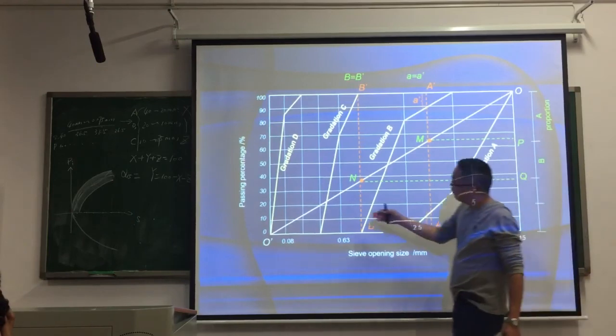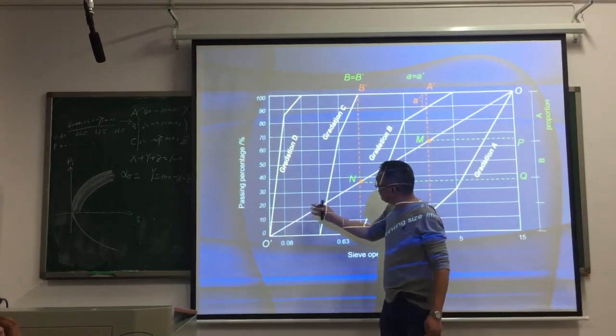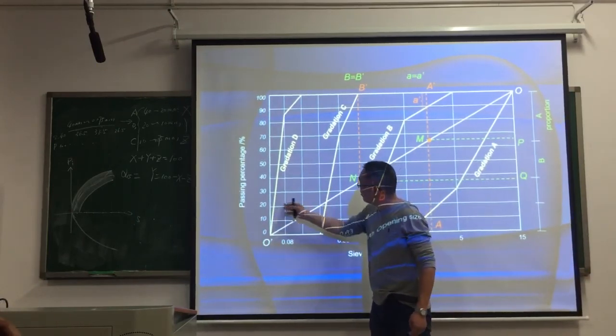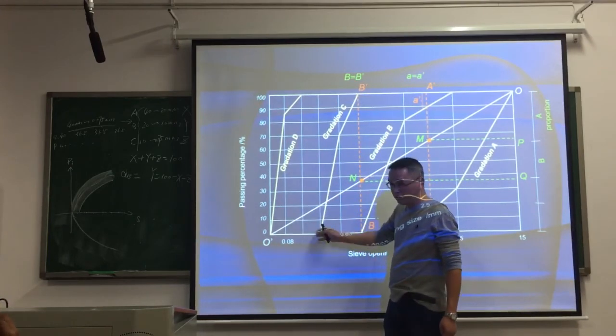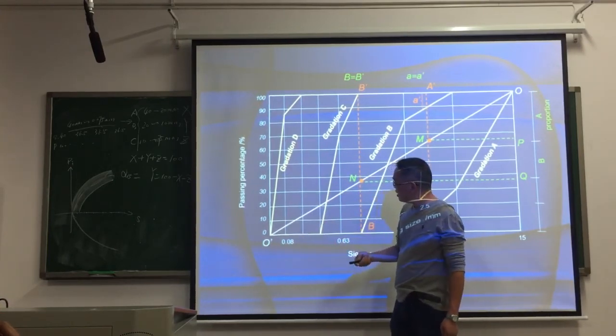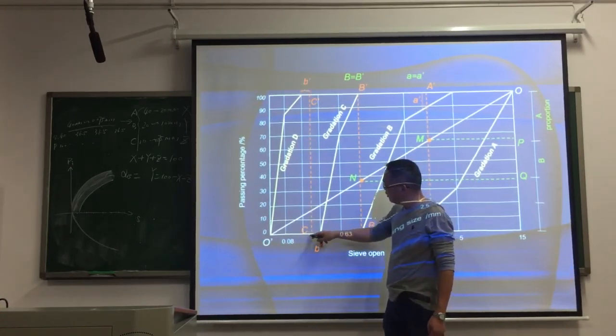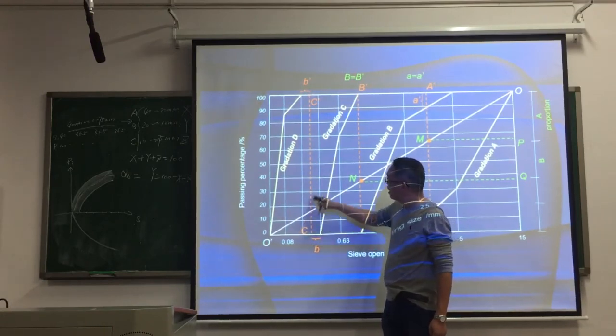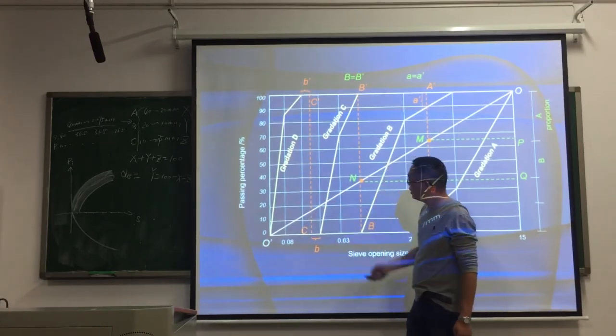And then aggregate B, aggregate C and aggregate D are separate. We can find their line to divide them into two parts, and then it will contact with this.